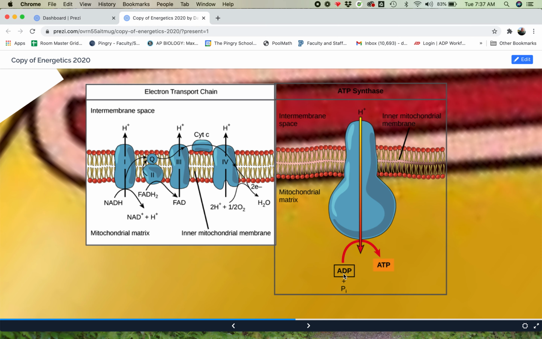So anytime you see an ADP to ATP or an ATP to ADP transition, that's an energy transfer. NADH carries electrons, FADH2 carries electrons. So anytime you see NADH and FADH2, you're transferring high energy electrons to dump them off into this ever moving chain of electrons in the electron transport chain.